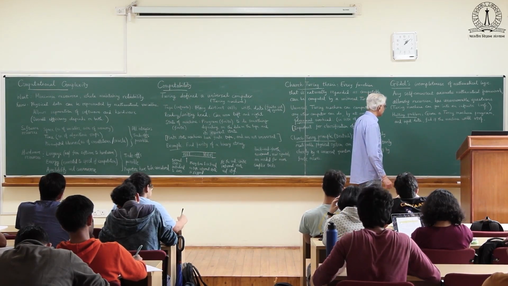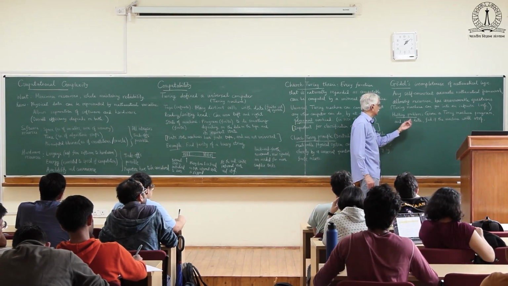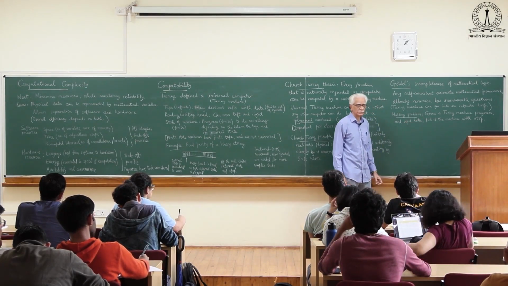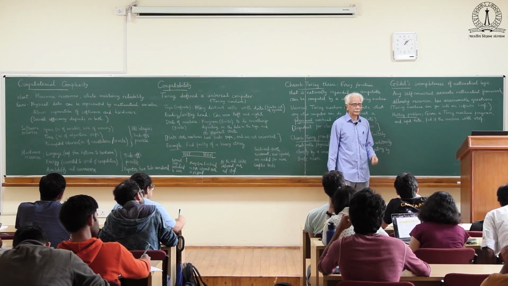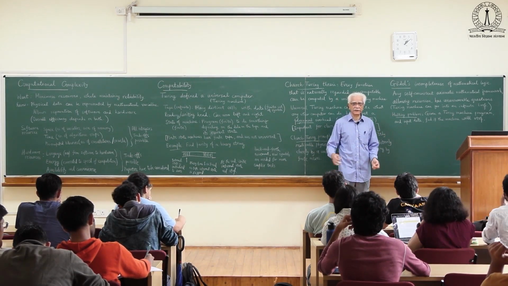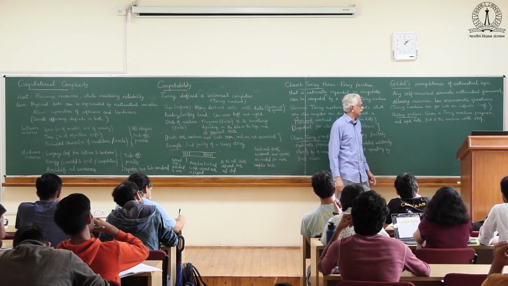As I said, for the Turing machine, everything is finite except for the size of the data. So some instruction, some alphabet, everything is finite.